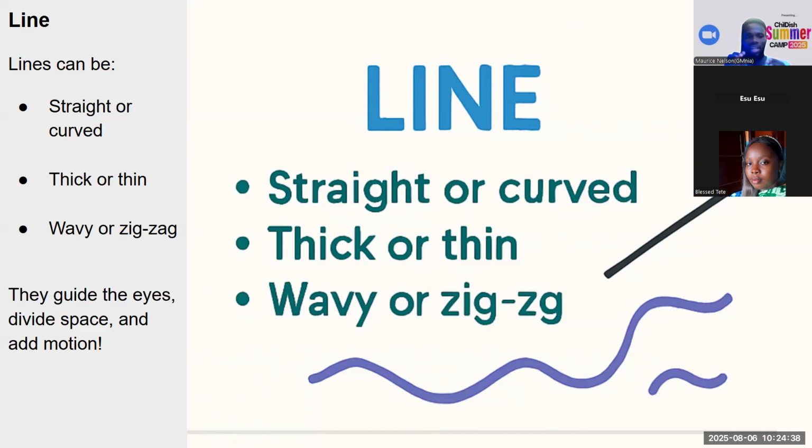Line guides your eyes, it divides space, and it adds motion. If you see a particular line, it leads you somewhere and you are trying to follow the line. It also helps you tell your story in a creative way. So that's what lines do in our designs as an element of design.